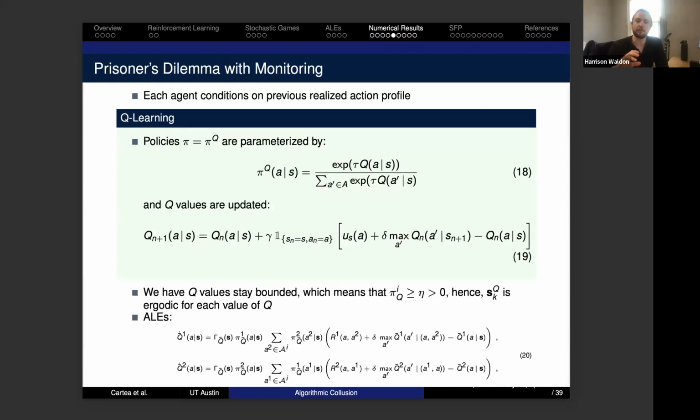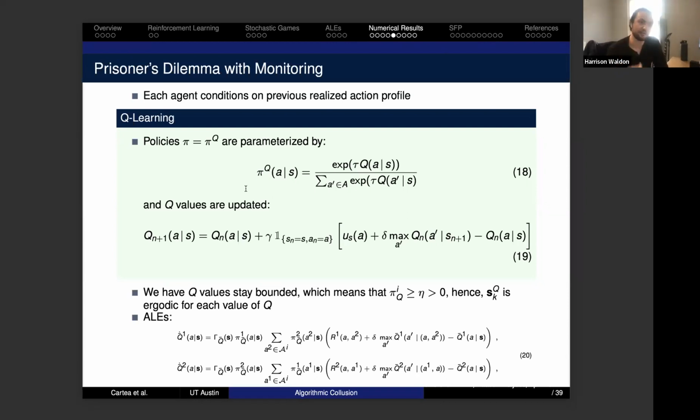Okay, so because the state process is this vector of previously realized actions, and the probability of playing any action is bounded away from 0, the state process is going to be ergodic because any vector of actions has a positive probability of being realized in any period.